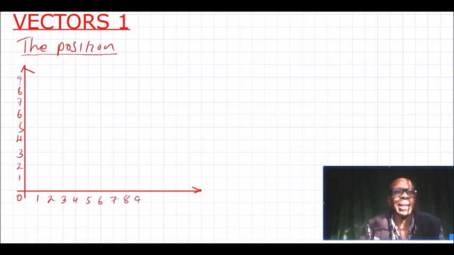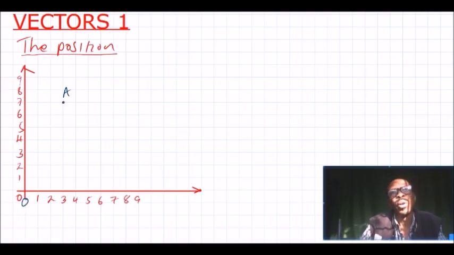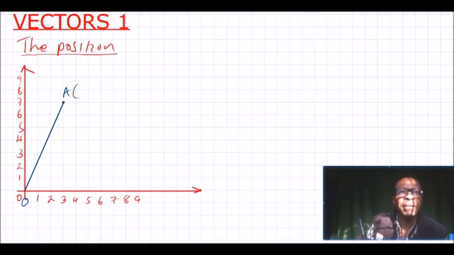Now we can make a point here, let's call that point A. We can make a vector from the origin, which is (0, 0), to where we have A. The coordinates of A are 3 and 7. So this is a vector.